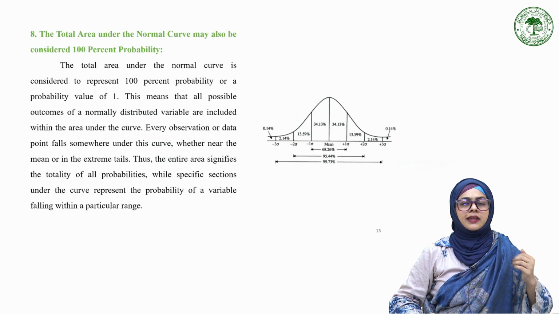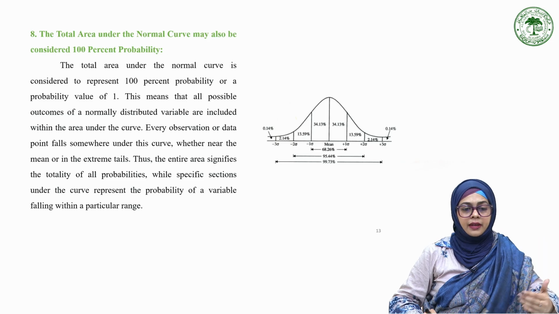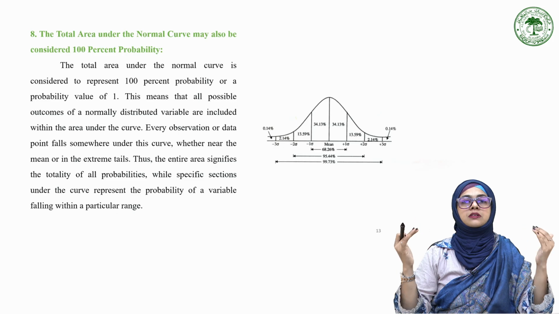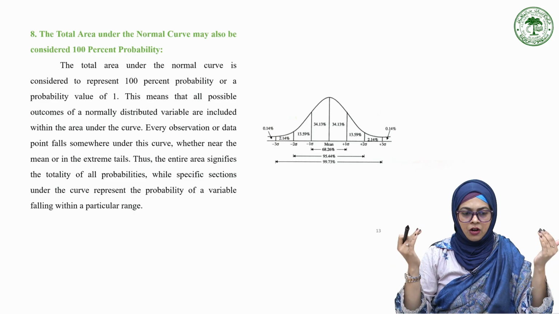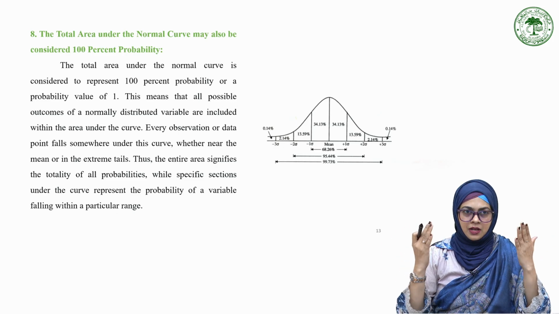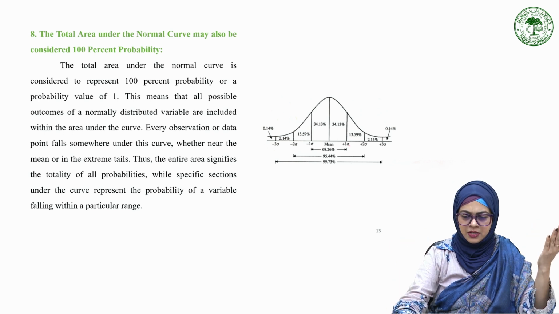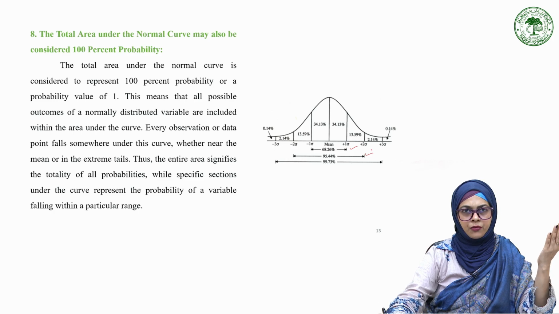Next, the characteristic is that the total area under the normal curve may also be considered 100% probability. We have also seen how this again follows the empirical rule. Within 1 standard deviation, 68.26%. The area under the second standard deviation is 95.44%.